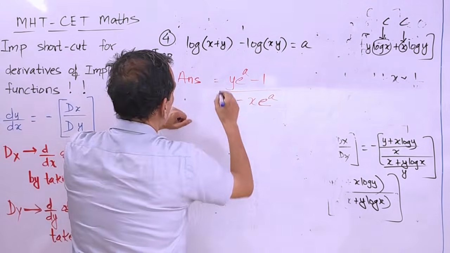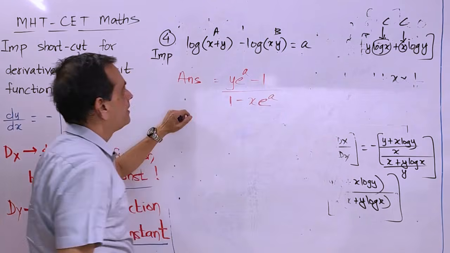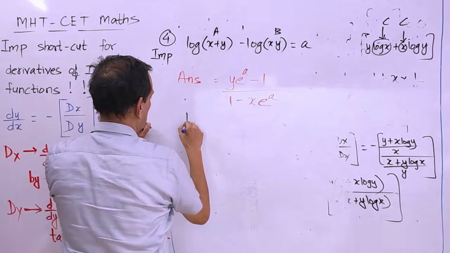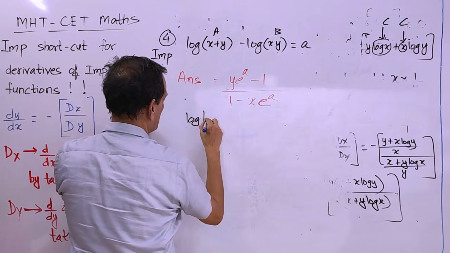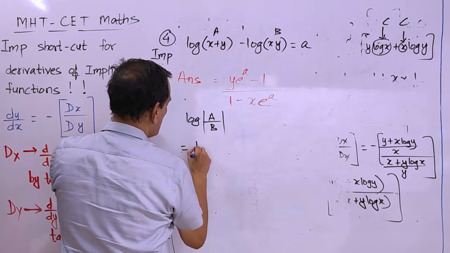Now first step is, if you call this as a and this as b, log a minus log b is log of a upon b.